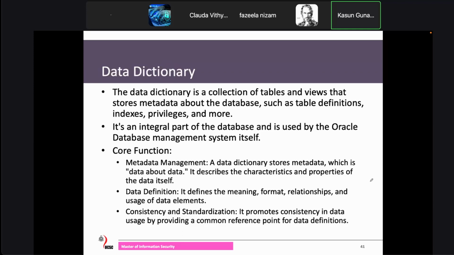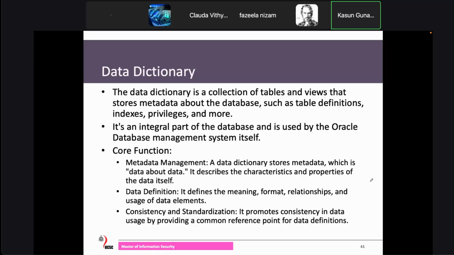Those data will be stored in database tables, and there will be some other constraints that we create, indexes, privileges, views, all these things will be created. So we need to maintain data about these data structures. So data about these data will be maintained in the data dictionary.